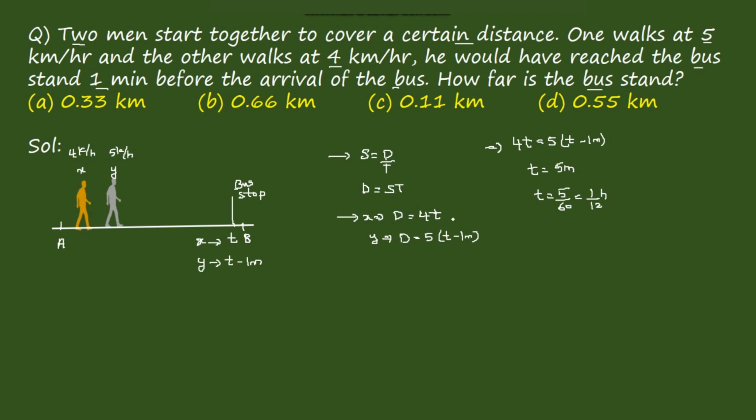The distance is 4 into t, in kilometers per hour into hours, so it becomes kilometers. Then you get 4 into 1 by 12, which is 1 by 3 kilometers. So distance d is equal to 1 by 3, which means 0.33 kilometers. So the answer is option A.